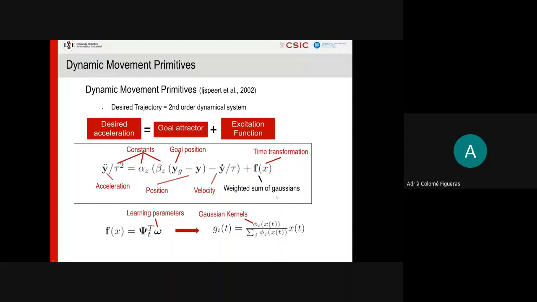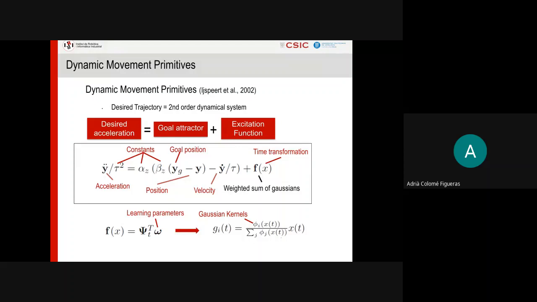These Gaussian kernels are the ones here, and they have fixed centers and widths. But we have these learning parameters omega that are the ones that actually define the motion. And we also have this x of t here that is a decay function to make sure that this excitation function tends to 0 when the trajectory ends.